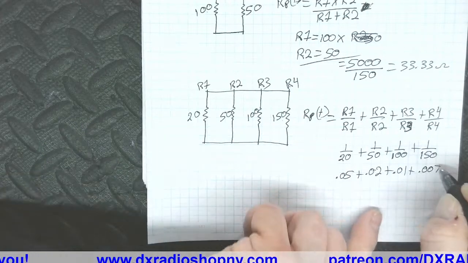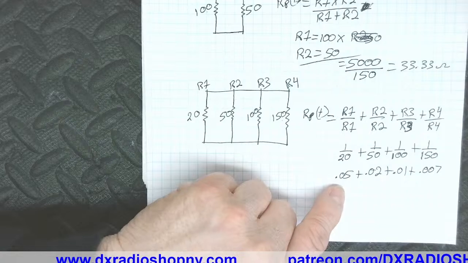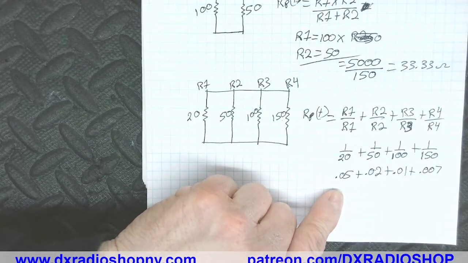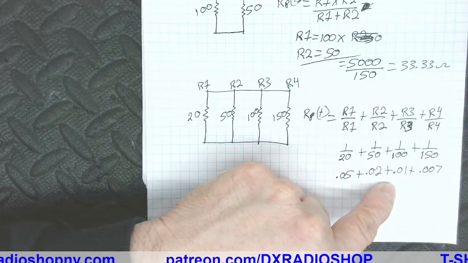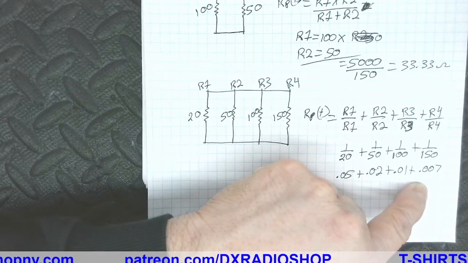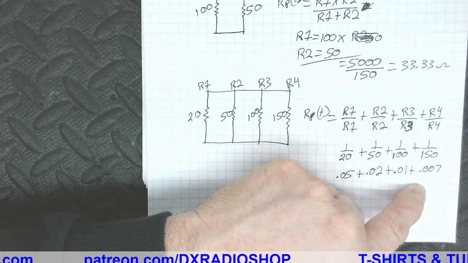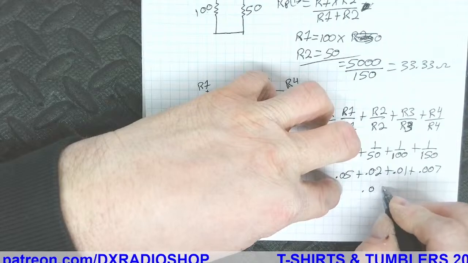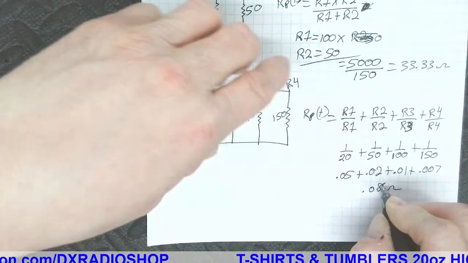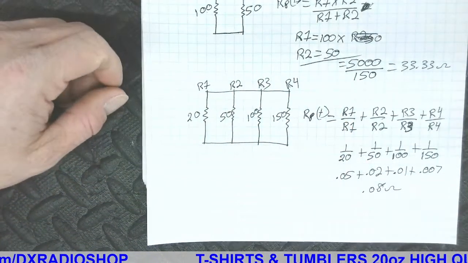We'll just round him off. So then you're going to take 0.05 plus 0.02 plus 0.01 plus 0.007, thus giving you 0.087. We'll just round it off to 0.08 ohm of resistance total for this equation.